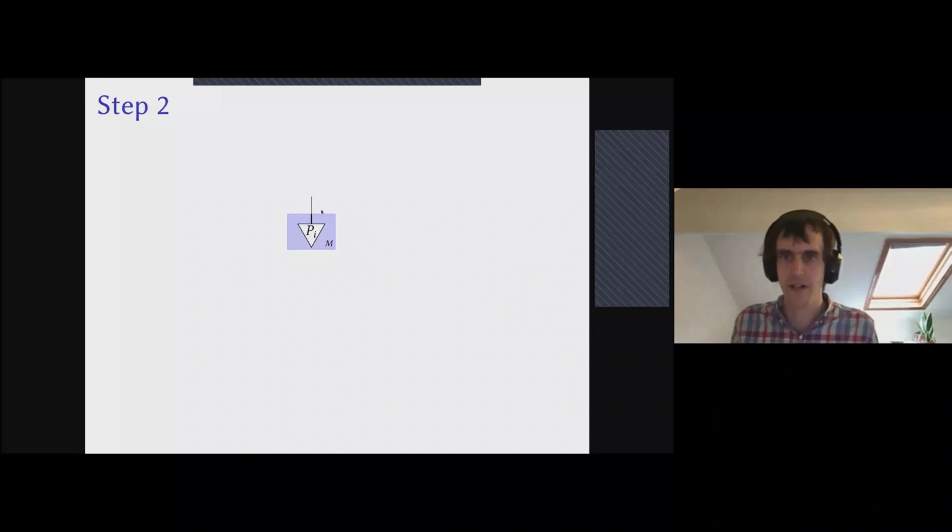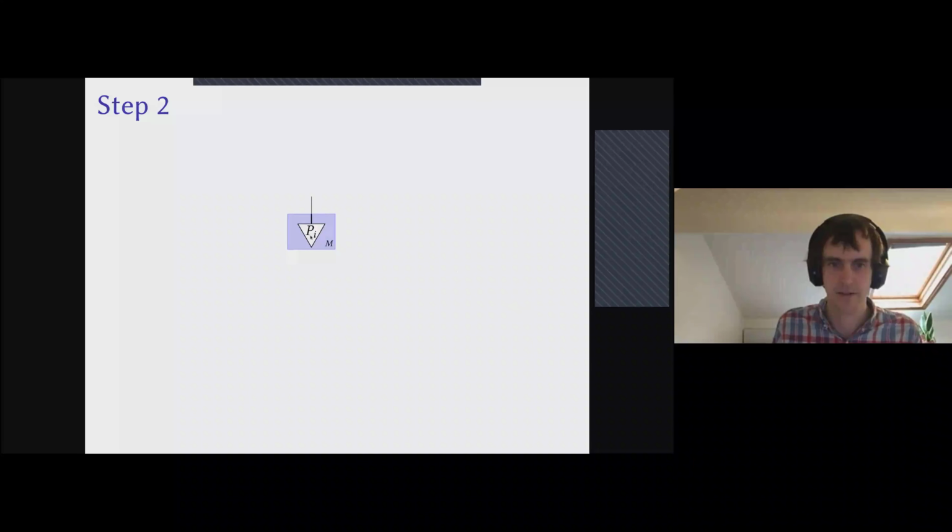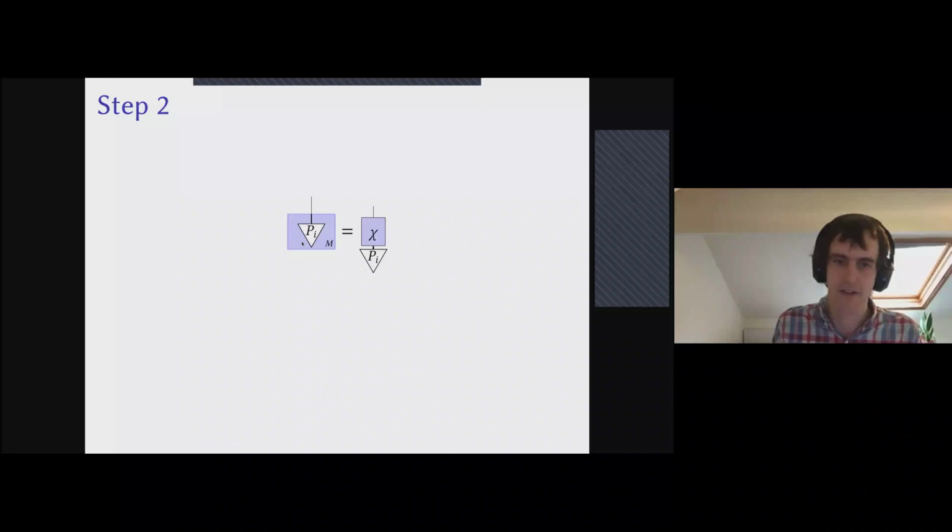The second step is to focus on what happens to the preparations, how they're represented. And again, we just argue that this thing has to be linear, and therefore we can just decide to represent it by some box that we put after the preparation pi. Okay, so this isn't necessarily a physical transformation that you could actually do in the laboratory.